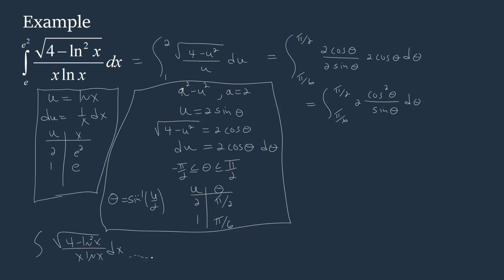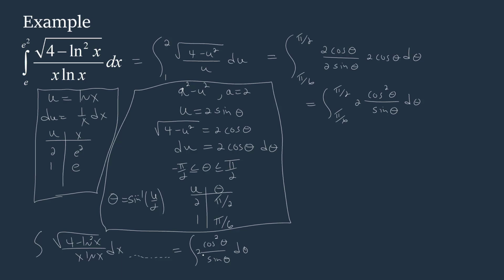And then after a lot of work, you would basically get the exact same integral. You'd get the integral of 2 times the cosine squared of theta all over the sine of theta d theta. You could then find that particular antiderivative.